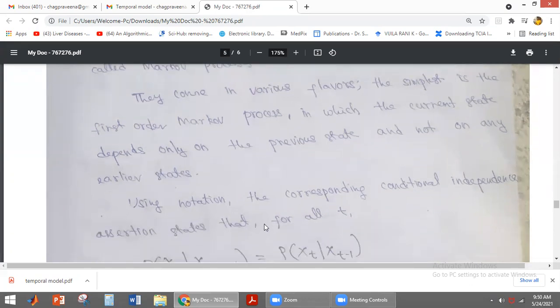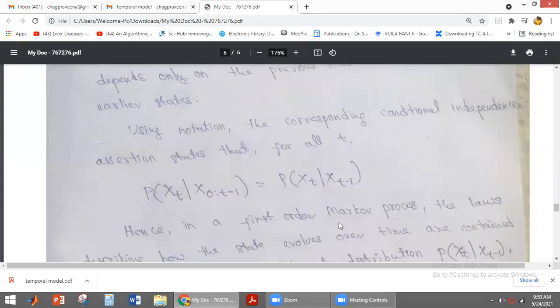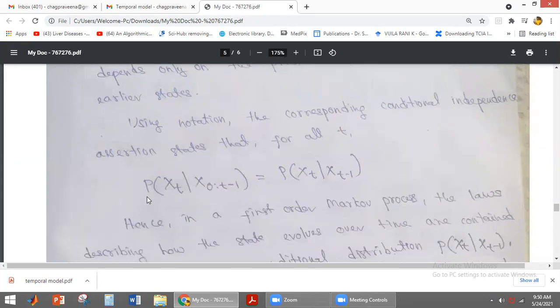Using the notation, the corresponding conditional independence assumption states that for all t, how do we represent P of xt? Xt is the current state. The xt depends upon the previous states, x0 to xt minus 1.